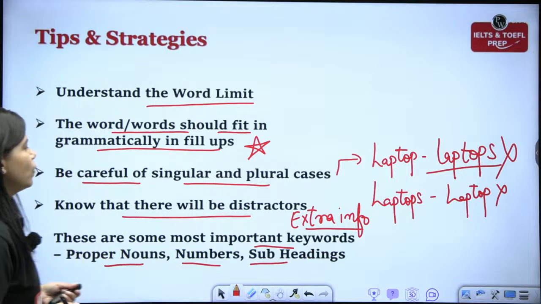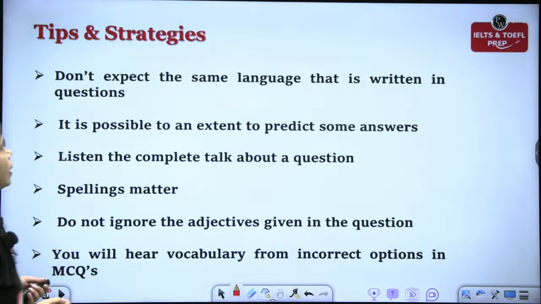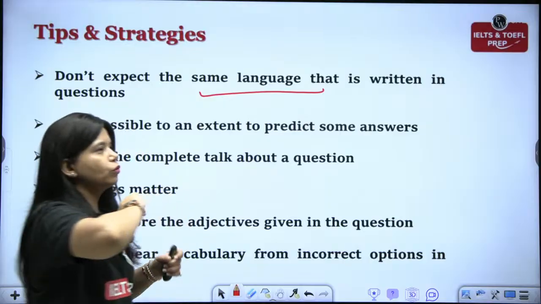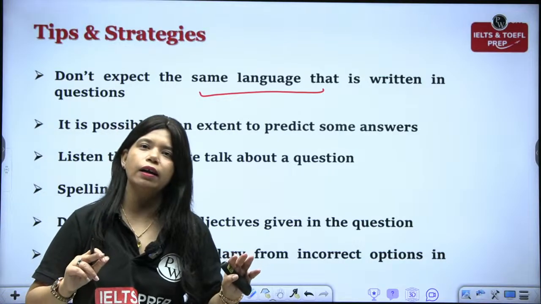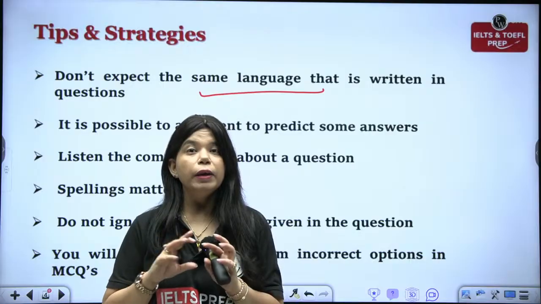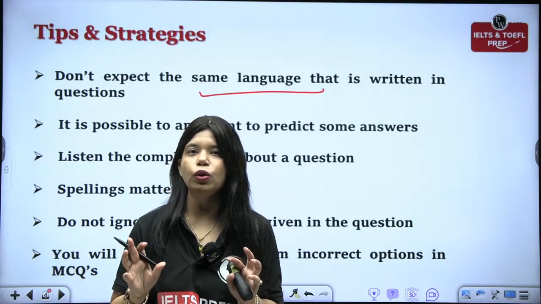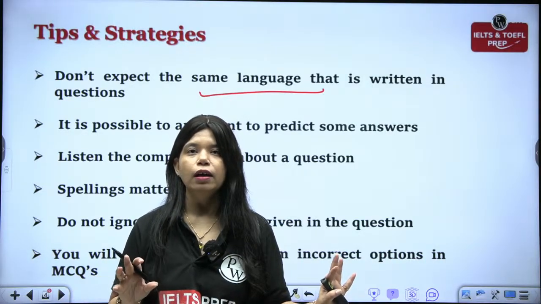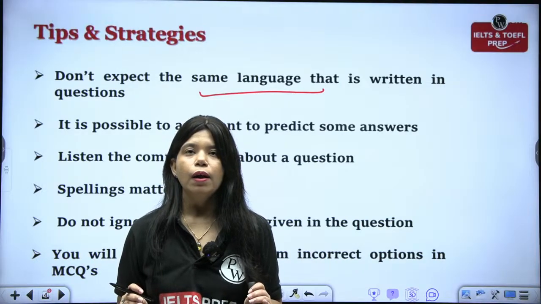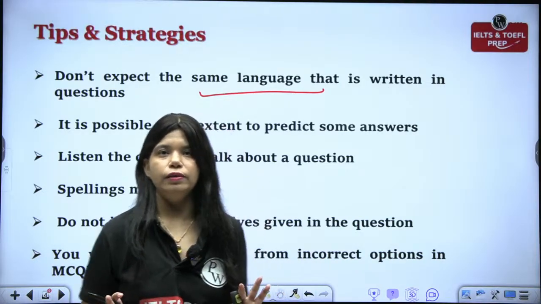Okay, moving on. Like I said, don't expect the same language that is written in questions. जो questions में लिखा है वो बोला नहीं जाएगा. Synonyms use करे जाएंगे, language paraphrased होगी. The meaning will be same. For example, if in the questions it's written appropriate, then in the audio they may say suitable. So the meaning will be same, but language is not going to be same.